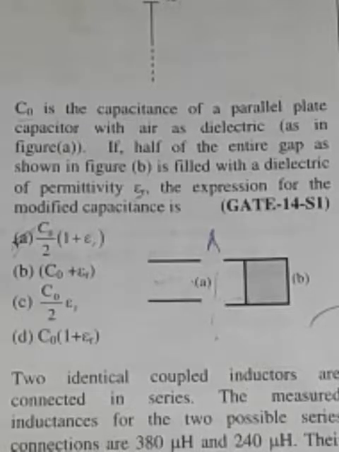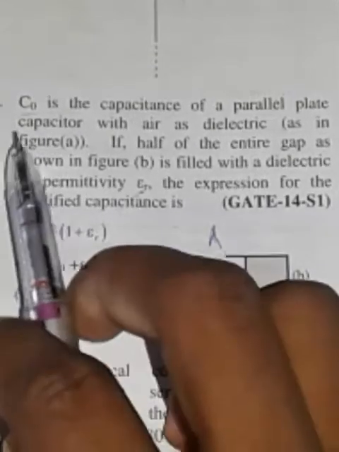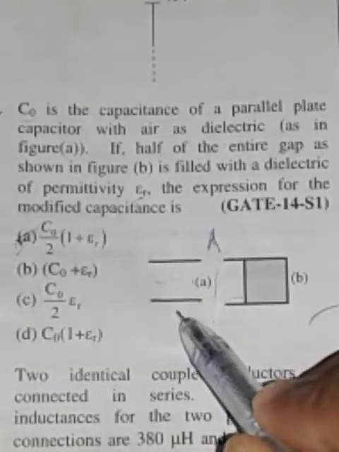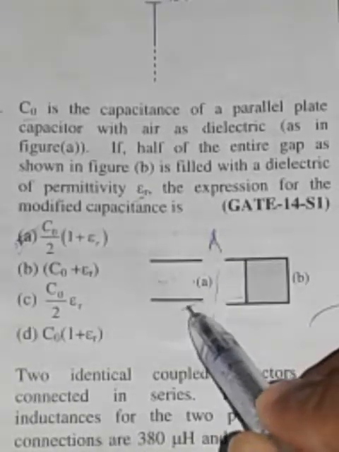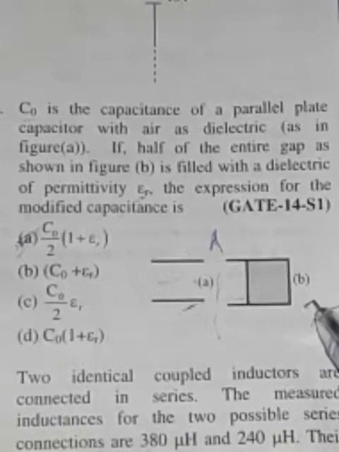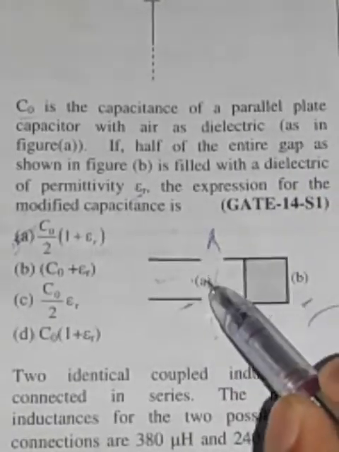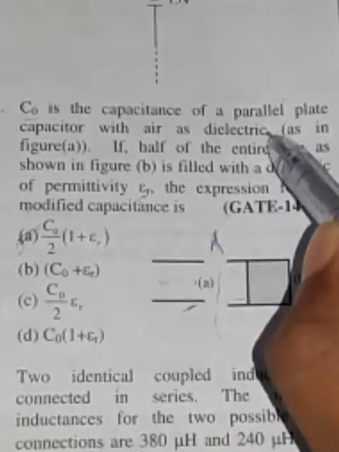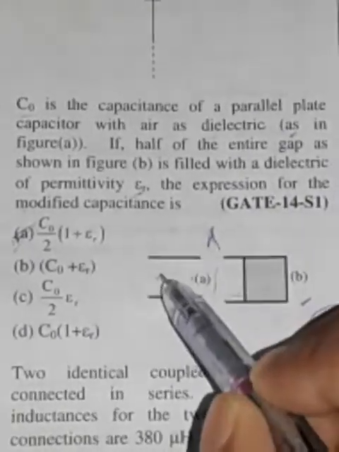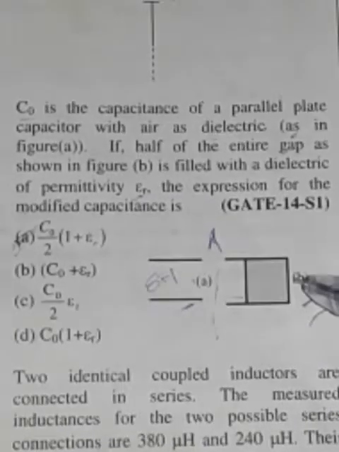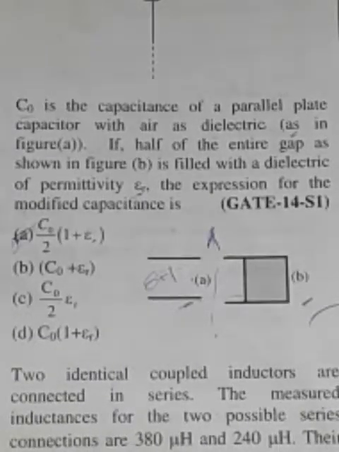So we will continue with the remaining problems. Question number 22, option A. This is one capacitor, A, and another capacitor, B. In capacitor A the dielectric is air, which means epsilon is equal to 1, but capacitor B is divided into two parts.